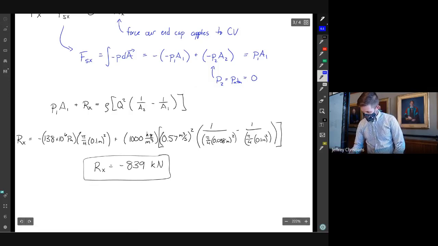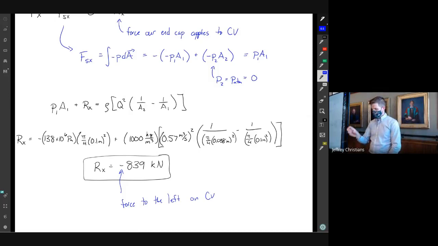So this is just a couple ways to think about this. What we're calculating, we're looking at the world from the perspective of the fluid. So from the perspective of the fluid, in order for this process to be happening, there has to be this reaction force pushing to the left on me, the fluid, in order for me to be shooting out of this thing at the speed that I am and for this flow to be happening.